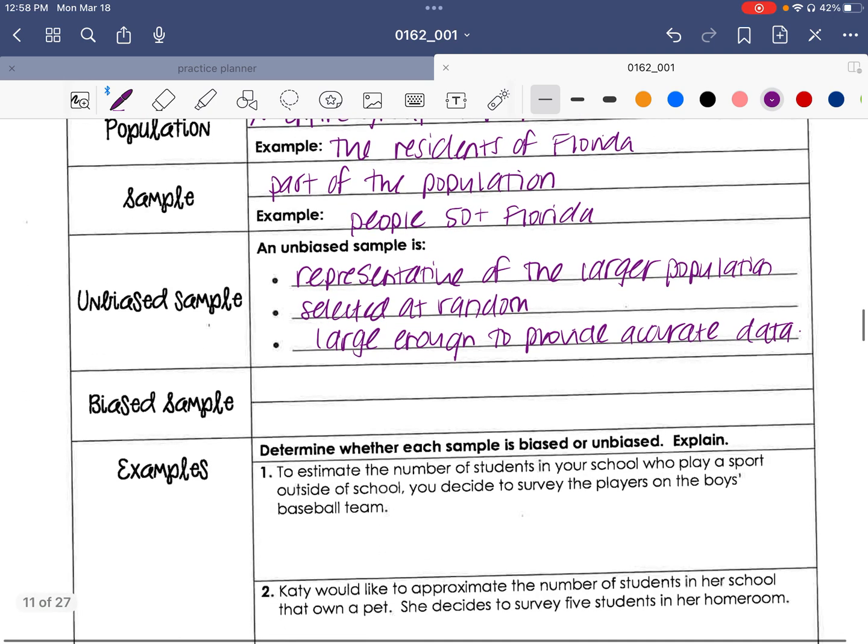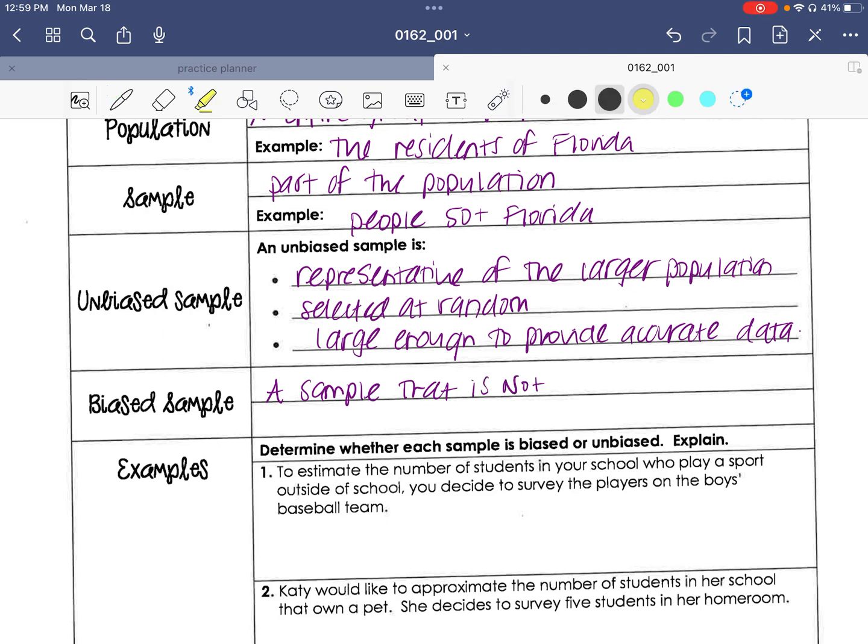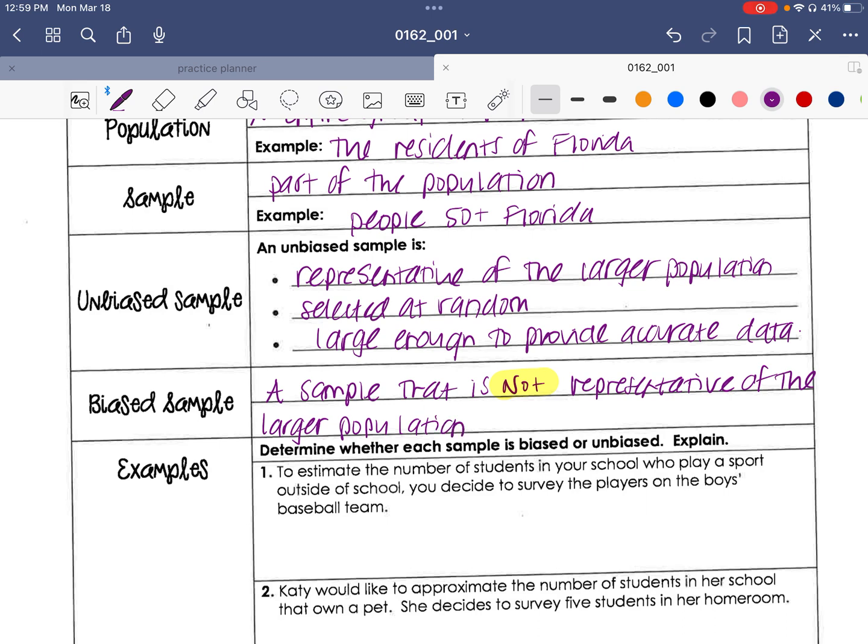Then we have a biased sample, which is a sample that is not representative of the larger population and favors a certain population.